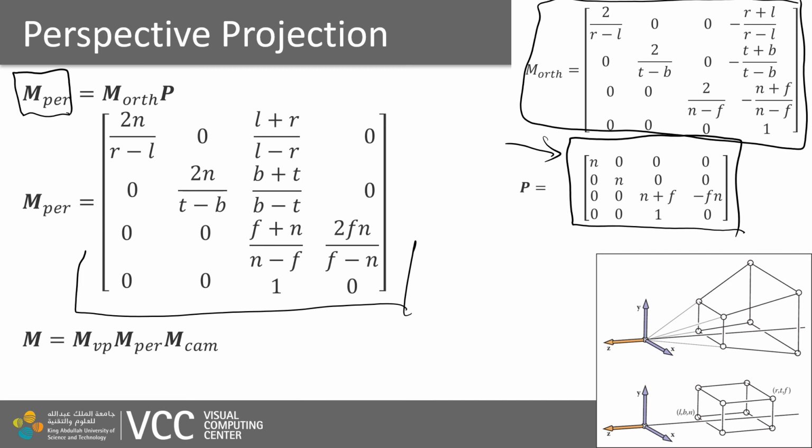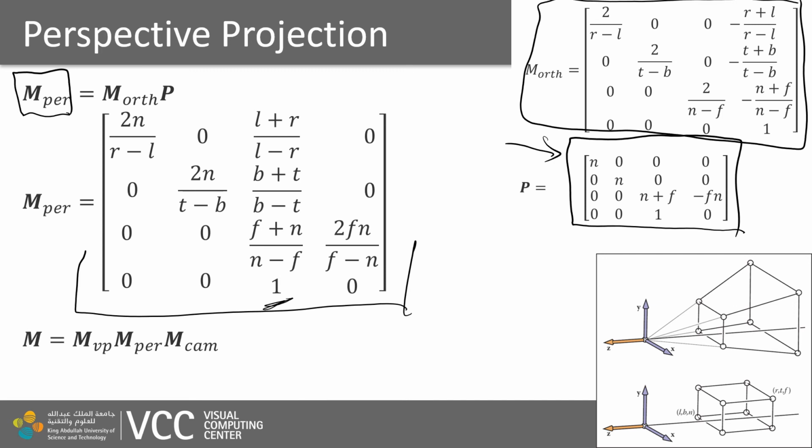And we can recognize that some factors are there. We can obviously see that the n has made its way onto the diagonal of this matrix in the same way as the scaling of the orthographic projection matrix, and that our perspective division factor z is maintained there by this factor, and so on.